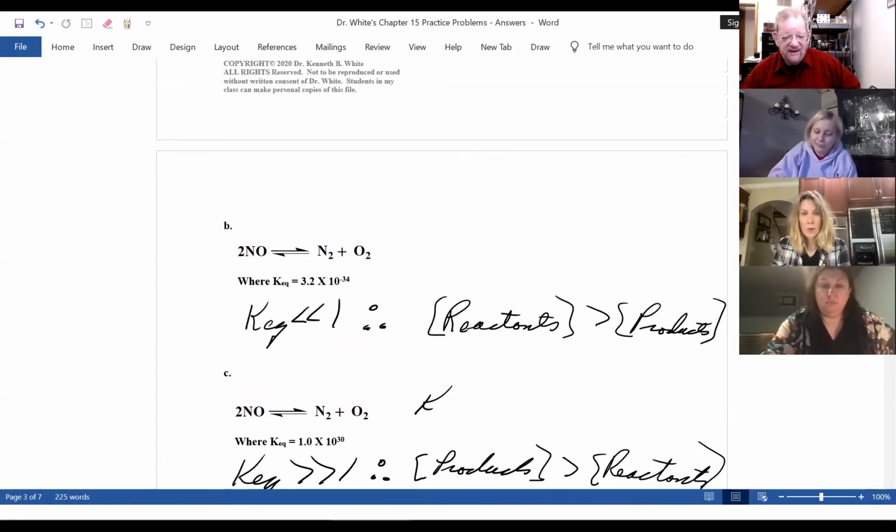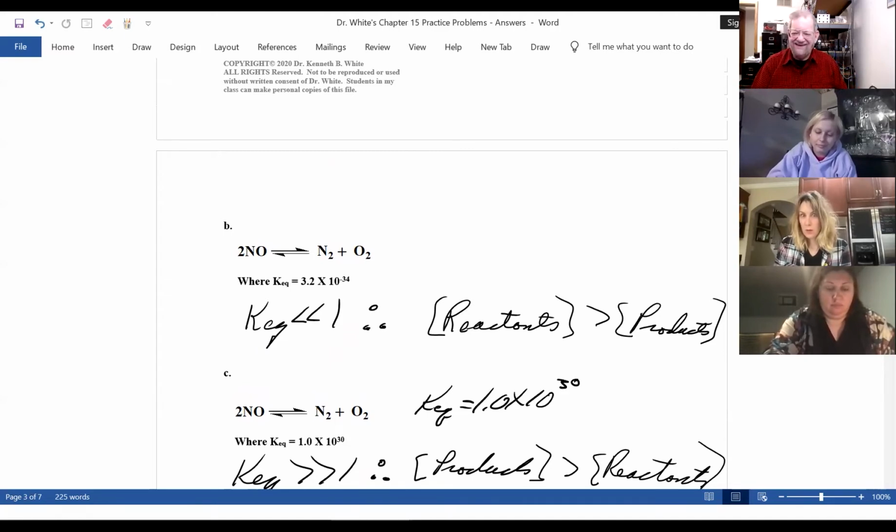And in case you're having troubles, I'll use my instant font enlarger. And the question is, predict the relative amounts of products and reactants for the following. And let's do 2NO goes to nitrogen and oxygen, and the equilibrium constant is 1.0 times 10 to the 30th.